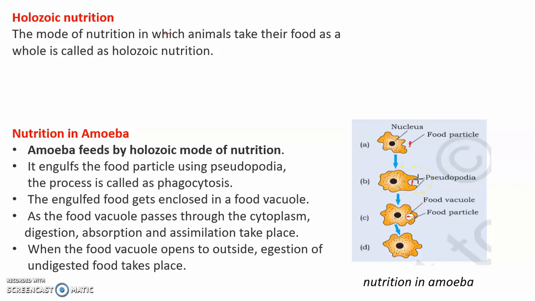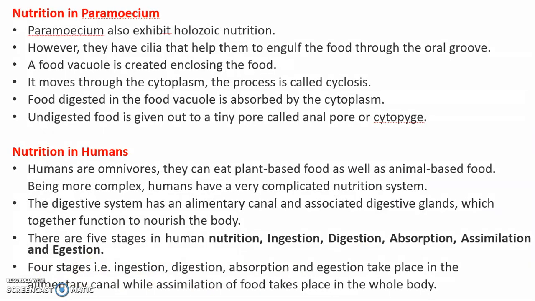It swallows the food particle using pseudopodia, and this process is called phagocytosis. The swallowed food gets enclosed in a food vacuole. As the food vacuole passes through the cytoplasm, digestion, absorption and assimilation take place. When the food vacuole opens to the outside, egestion of the undigested food takes place.